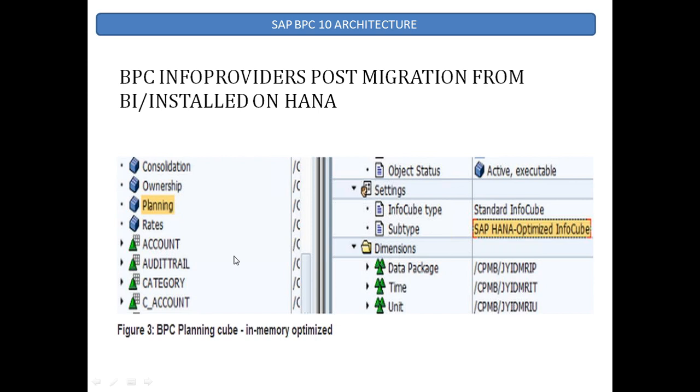And my dimensions as InfoObjects. If it is HANA optimized, you can see it as a HANA optimized InfoCube. And all the BPC components start with /CPMB/, right? In BI, it starts with /BI/ something, right? In the same way in BPC, all the business objects, BI objects will start with /CPMB/. CPMB, if you see, it is meant for BPC.